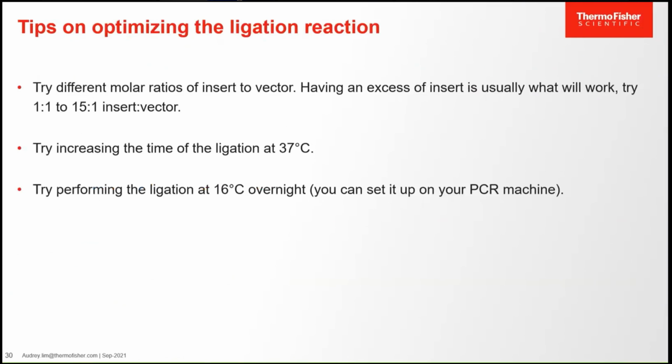For ligation, the preparation of the ligation reaction is very important. Here are some tips for you. Firstly, you can try titrating the molar ratio of vector to insert from 1 to 1 to 1 to 5. Usually an excess of insert will work better.